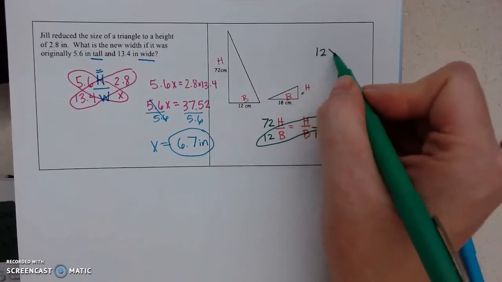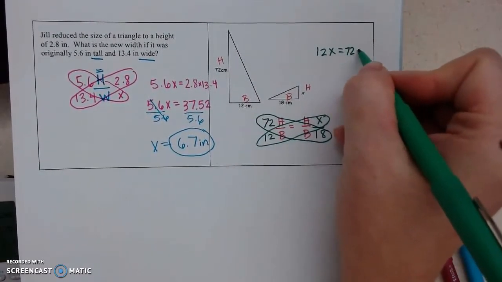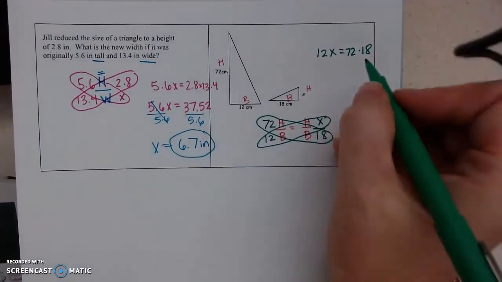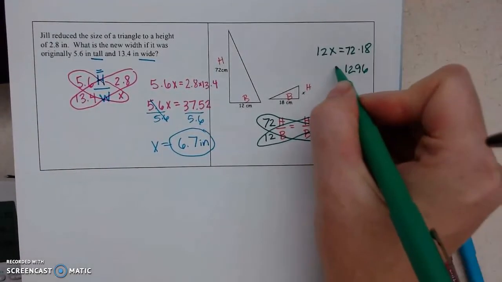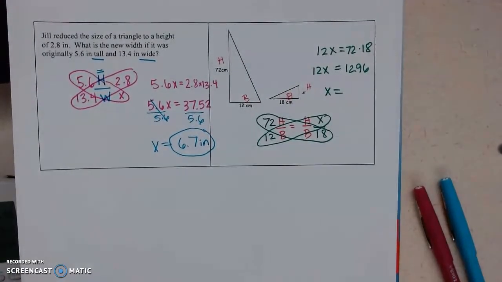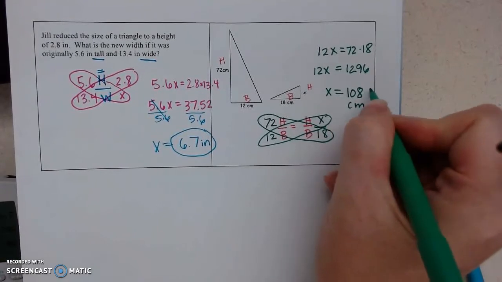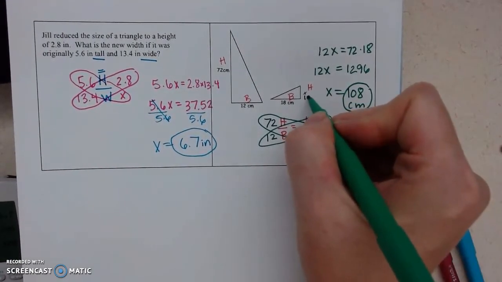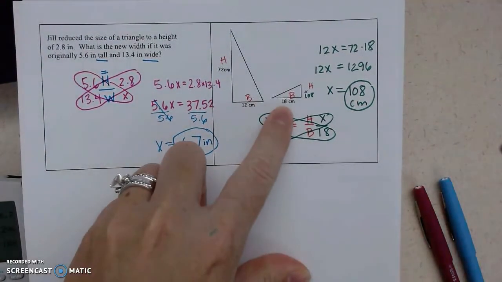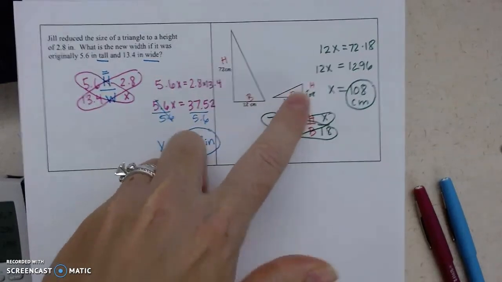So 12x equals 72 times 18. We get 1296. So divide both sides by 12, and we get 108 centimeters. And that is bigger than 18, and 72 is smaller than 108.